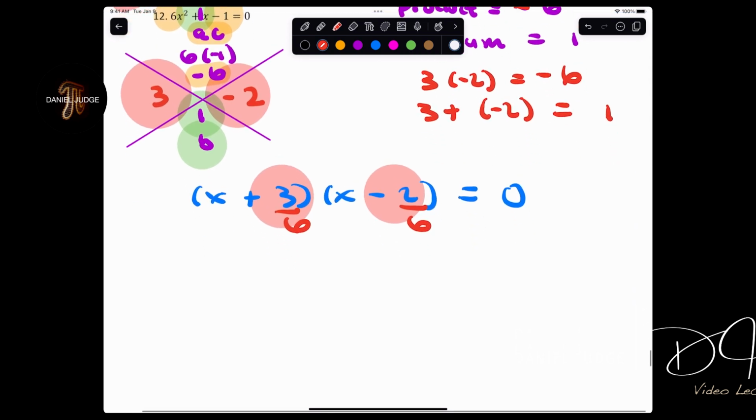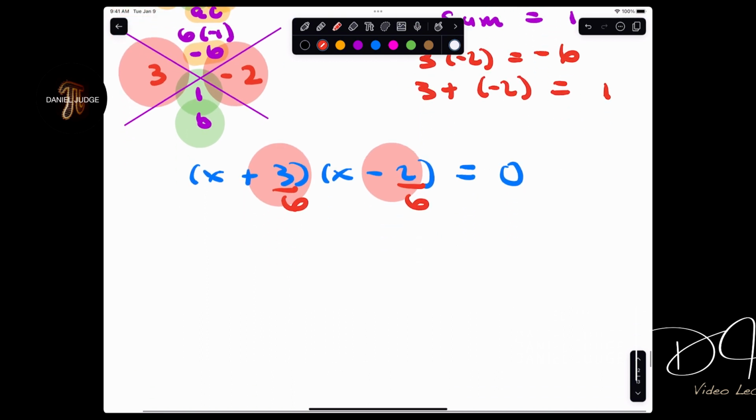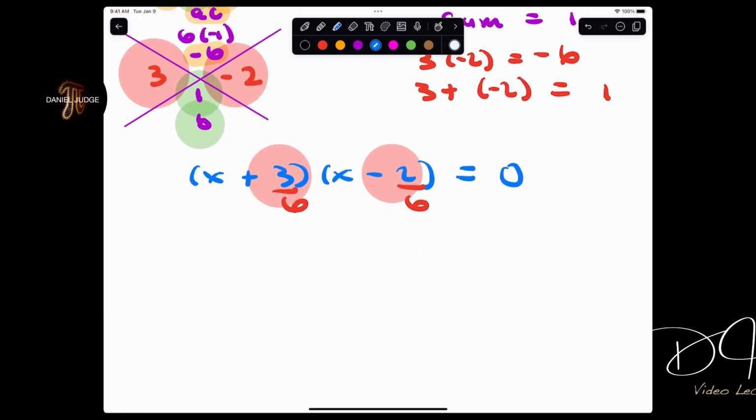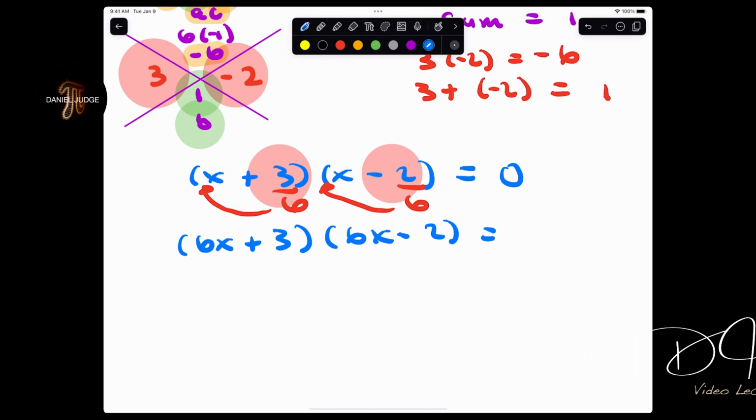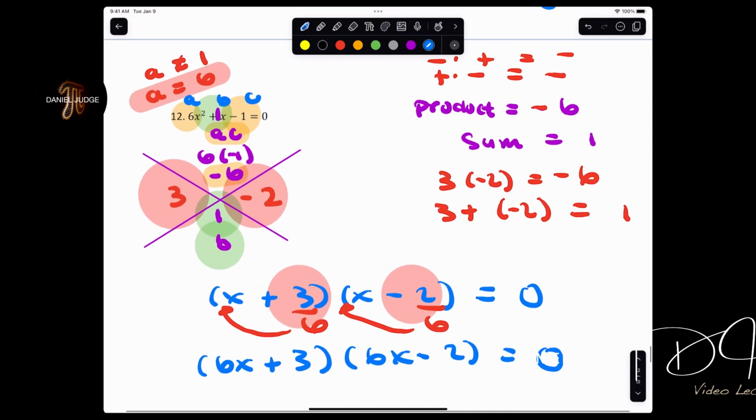What you will find looks like decimals in both cases. 3/6 is 0.5, so I'm going to have to move the 6 up in front of this x. 2/6 is 1/3, which will give me 0.33. So I have to move that 6 in front of the x. So both have to be moved. I get 6x plus 3 and 6x minus 2 equals 0.